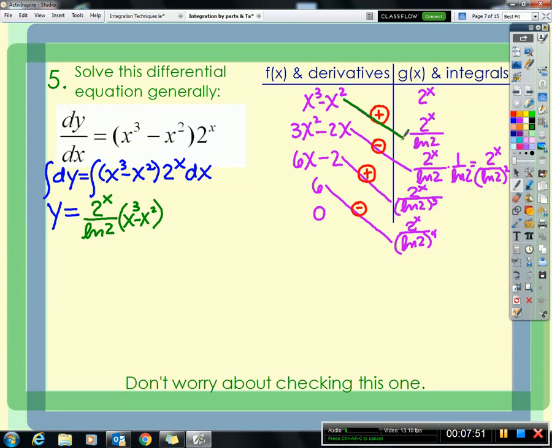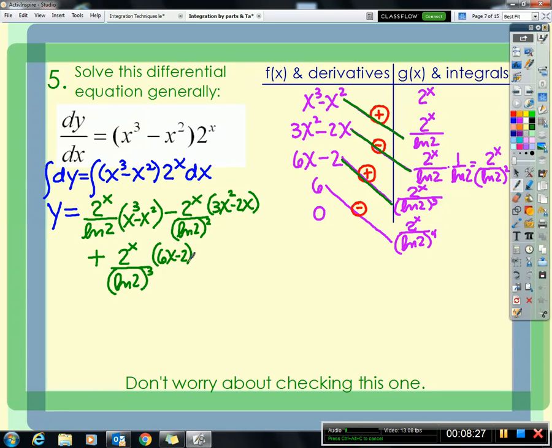Now the next one I've got to say minus 2 to the x over ln of 2 squared times 3x squared minus 2x. So now I've gotten the second one done. The third one, I'm going to say back to plus, and I'm going to drop down here. 2 to the x over ln of 2 cubed times 6x minus 2.